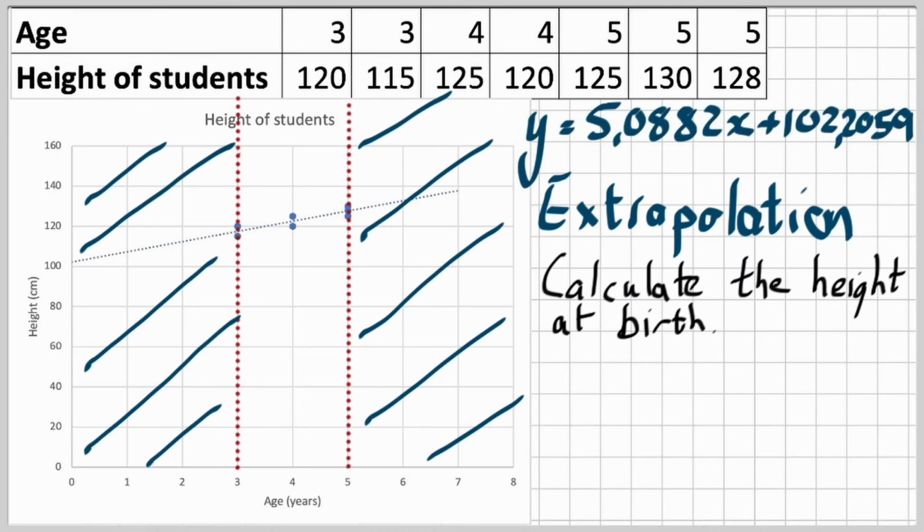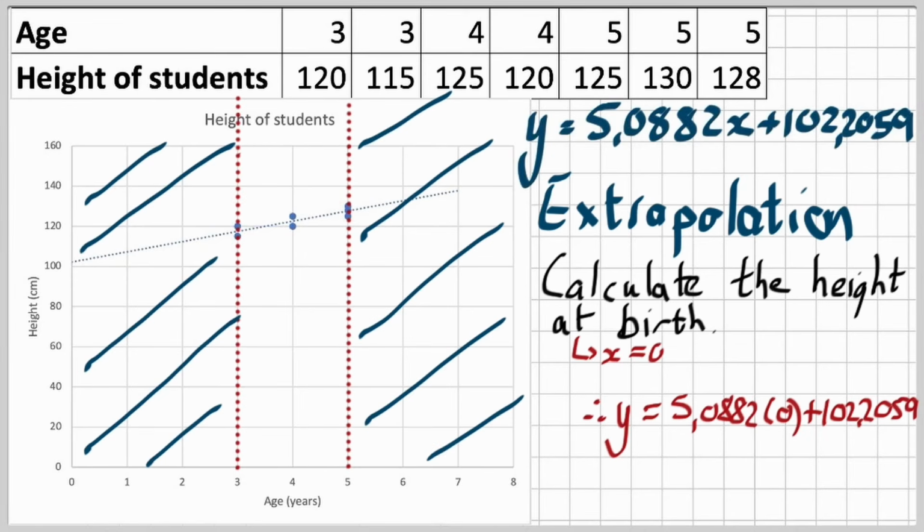If I ask you to calculate the height at birth, what am I actually asking you to do? I'm asking you to calculate the y value if x is 0. If I substitute x with 0 or just read off the y-intercept, the answer is 102,21 centimeters. Now ladies and gentlemen, I want you to think about this.